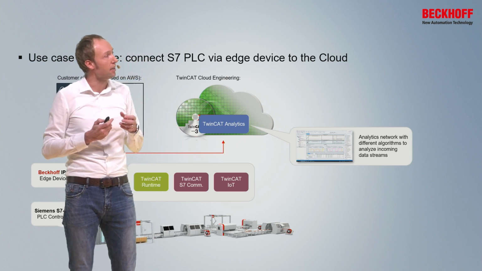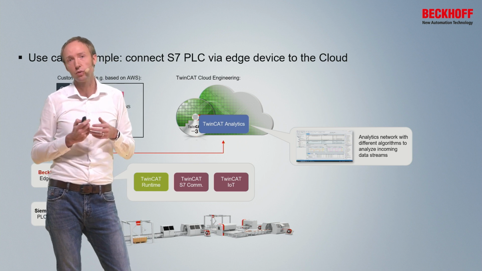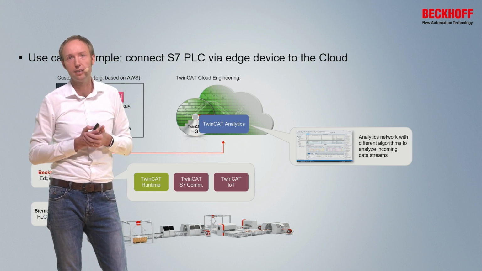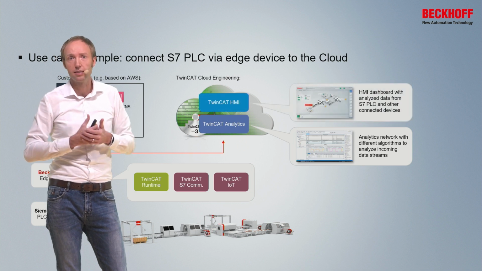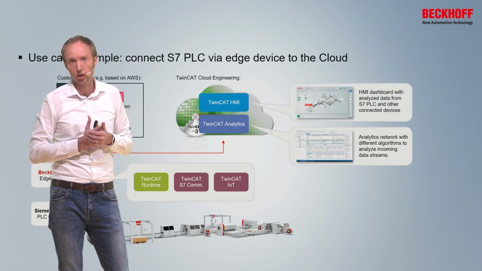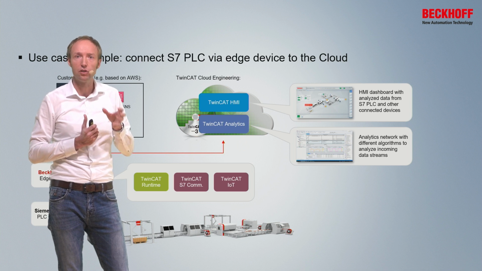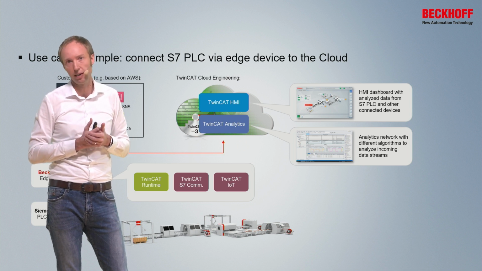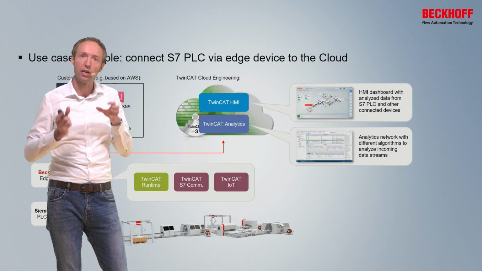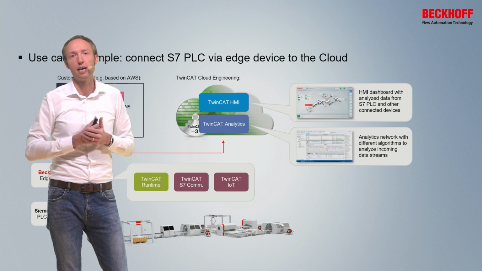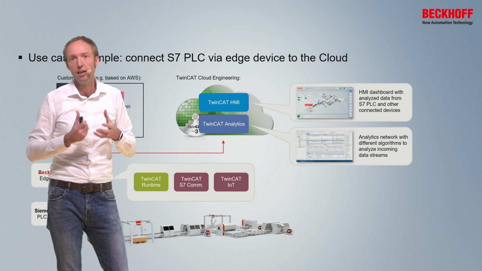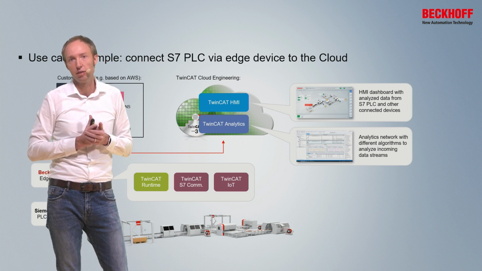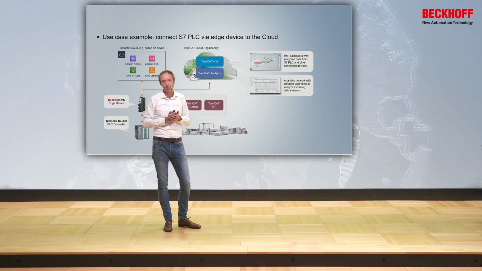And on top of that, TwinCAT Analytics has a very nice feature, which is called the one-click dashboard functionality. This feature allows you to automatically generate a TwinCAT HMI project based on the analytics network that you just configured to analyze your data. And then you can host this HMI project directly in your TwinCAT Cloud Engineering instance in order to visualize the data based on an HTML5 web page.